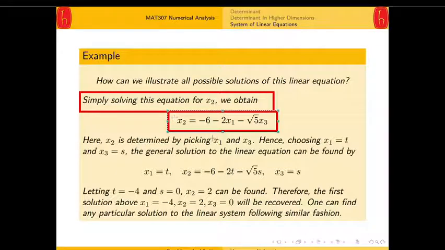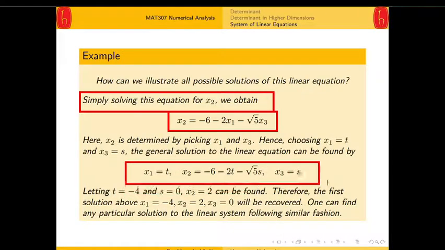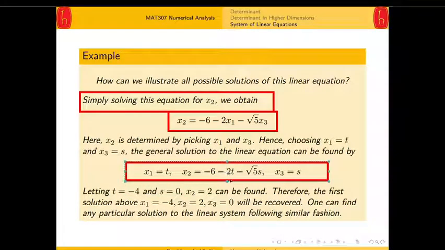So if we choose x1 equals t, some arbitrary number t, and x3 equals s, then we can find x2 as -6 minus 2t minus √5s. This is our solution for our linear equation.